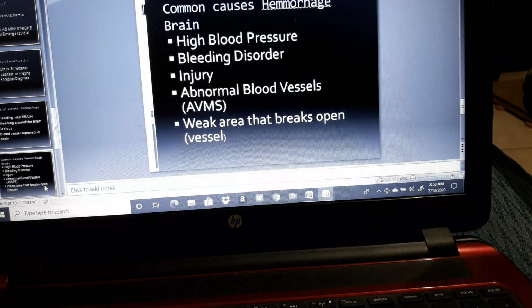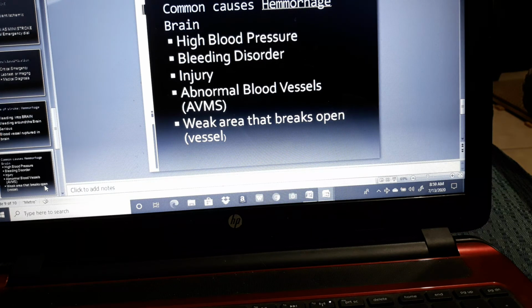The most common causes for a hemorrhage to the brain, or a stroke that is classified as hemorrhagic. Remember, that deals with rupture pertaining to the brain. Typically, it's high blood pressure, a bleeding disorder, an injury to the brain, abnormal blood vessels, or a weak area that breaks open.